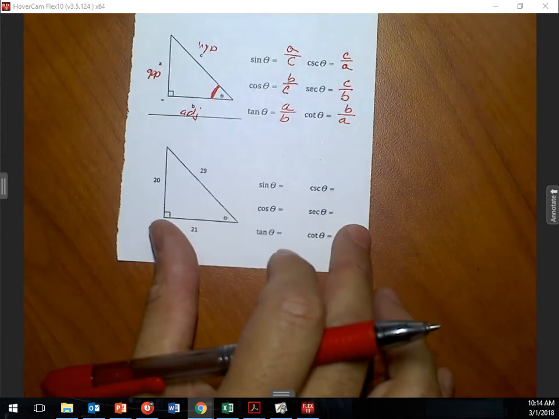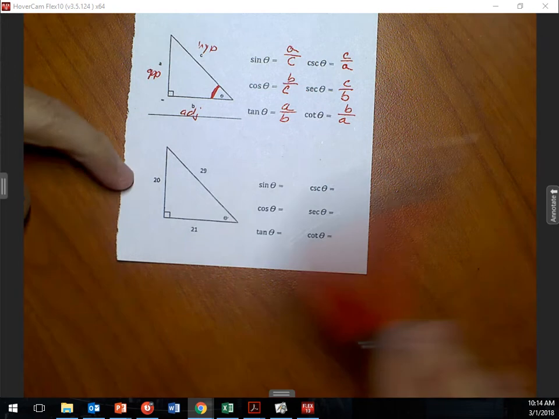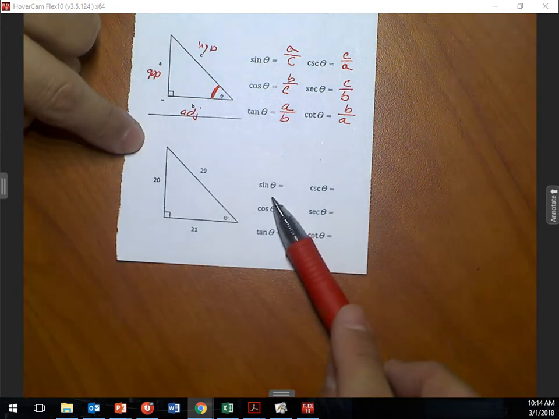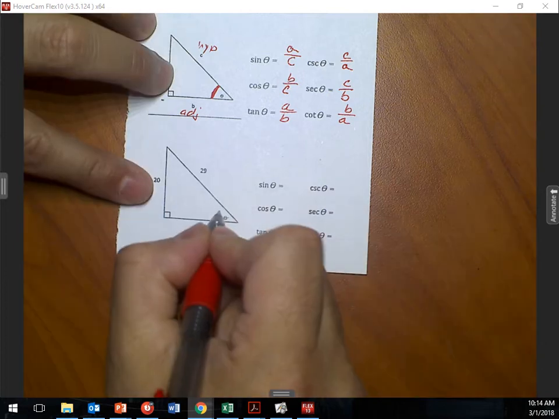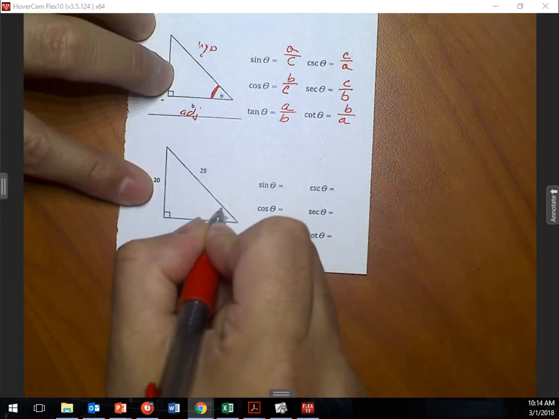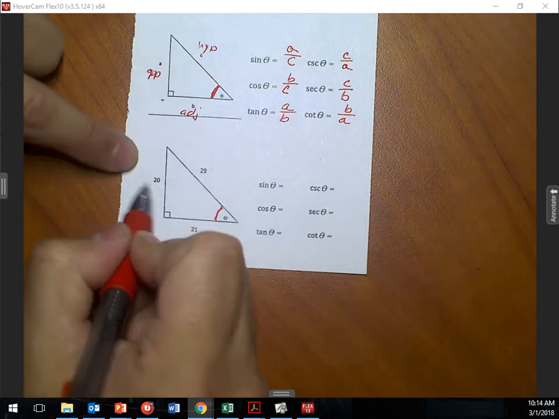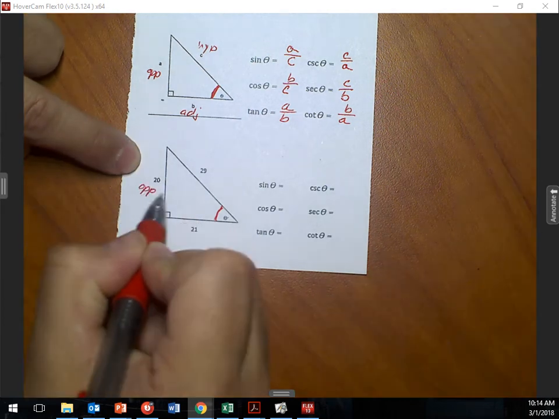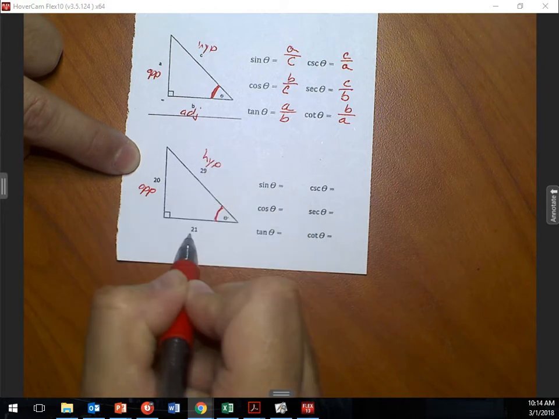All right, now we get some math here. For this one, again my reference angle is theta, so I'm going to mark that. If that's my reference angle, this side is opposite.